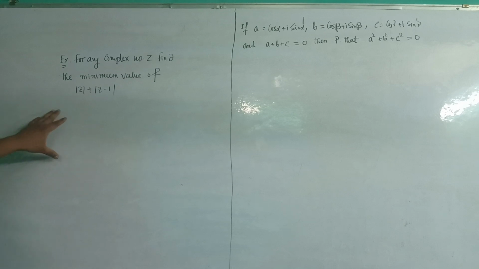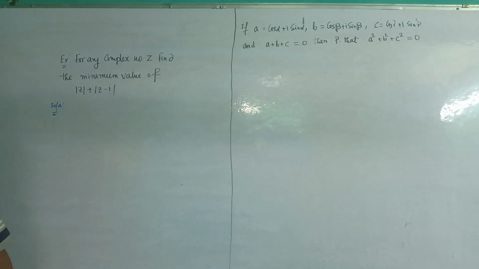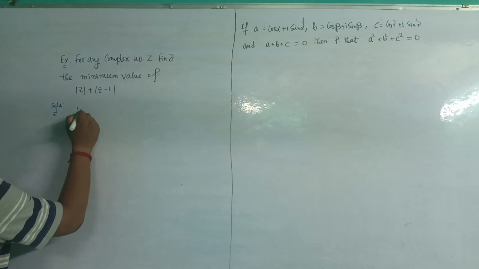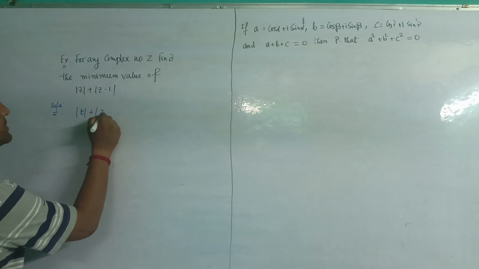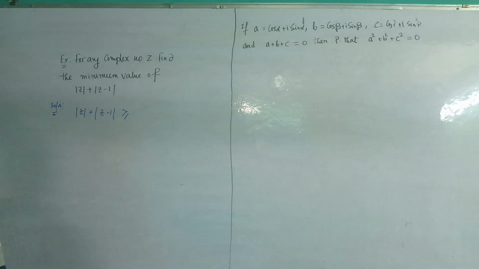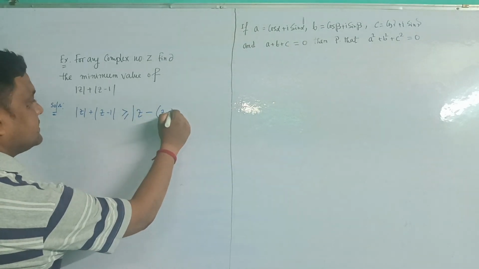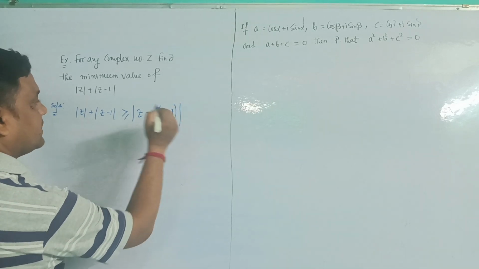So our next example: for any complex number z, find the minimum value of mod of z plus mod of z minus 1. So from the modulus property we know that mod of z minus (z minus 1) is less than or equal to the sum.